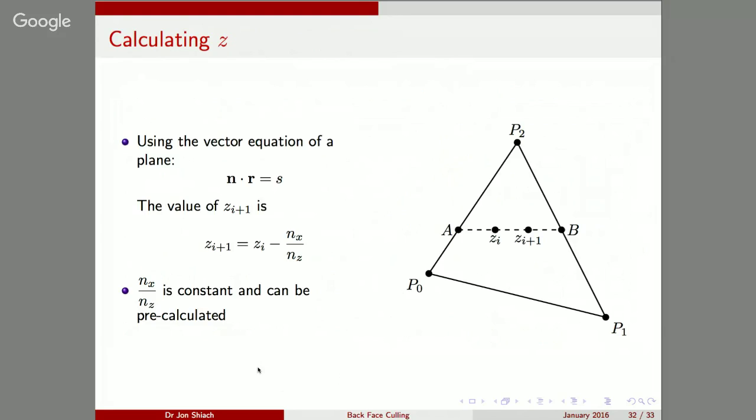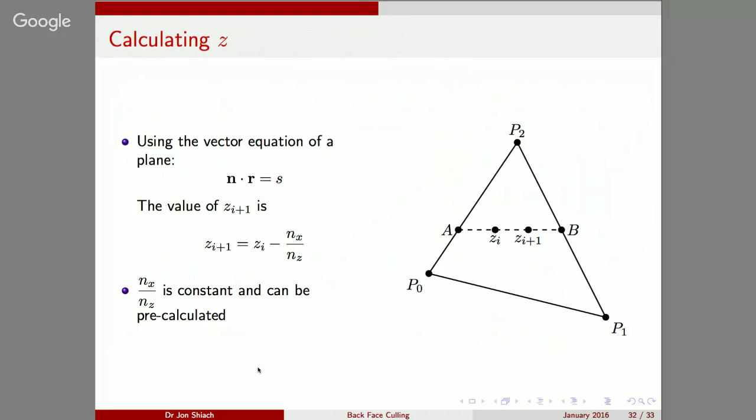Anybody remember that? Oh, no, you don't remember it because you can't see it. Okay, what's that? Anybody tell me what that's called? Assignment 2. The vector equation of a plane.